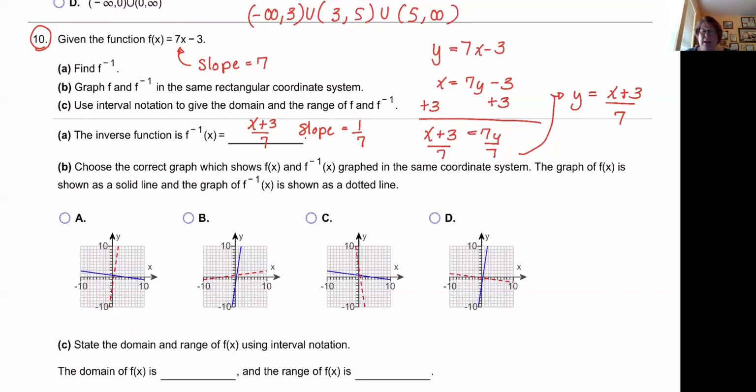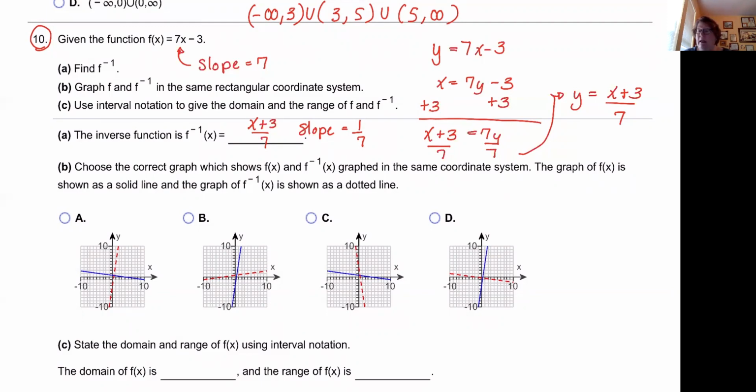Now let's look at B. Well, B looks correct because both the slope of my function and the slope of my inverse are positive. So B looks promising. Let's go look at C. Can't be C because the graph of both the function and its inverse in C has negative slope. They're both going down.